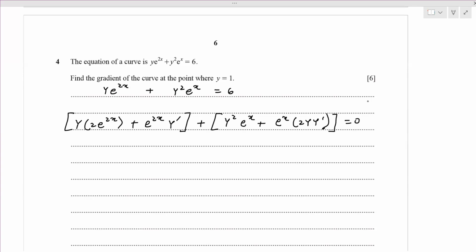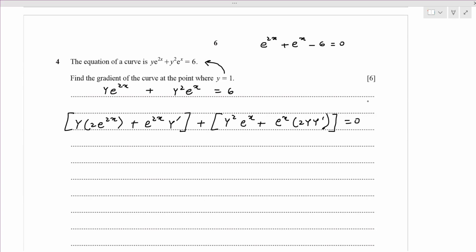Find the gradient of the curve at the point where y is 1. Now, if y is 1, what is the value of x? Let's check. Putting y equals 1 in the question, it will be e power 2x plus e power x equals 6, meaning e power 2x plus e power x minus 6 equals 0.